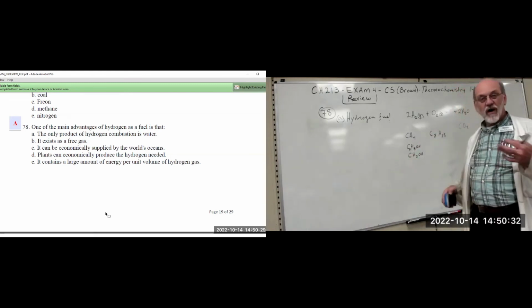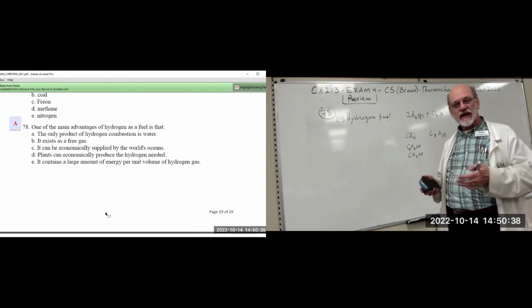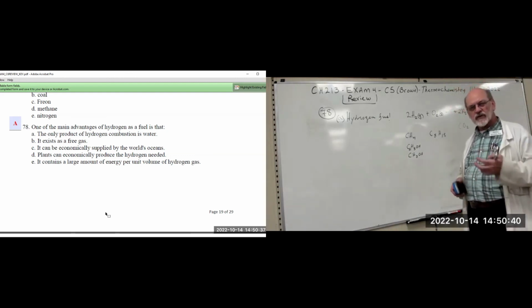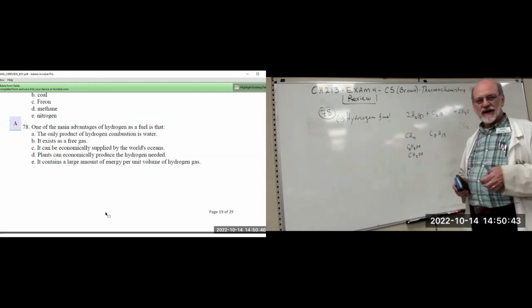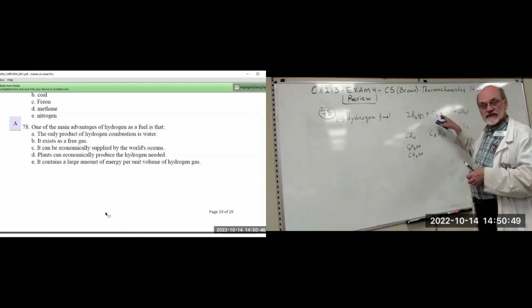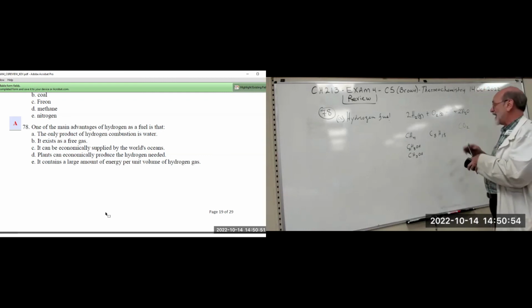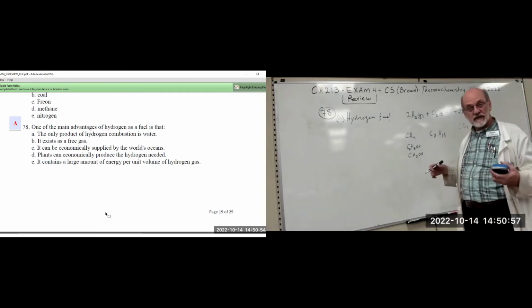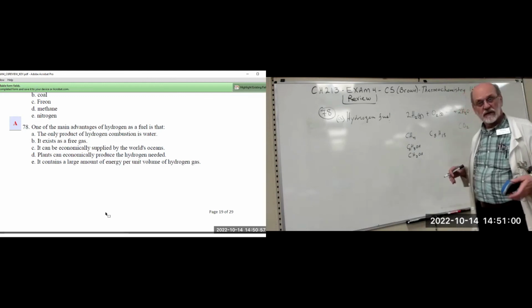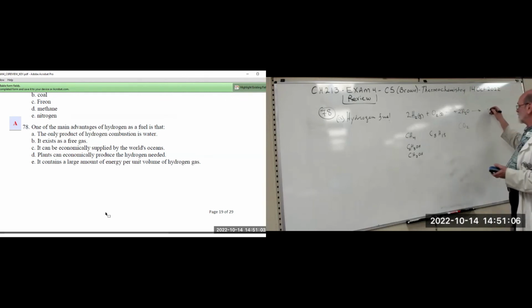Now, at this point, I'm not going to argue the counterpoints to carbon dioxide as a greenhouse gas. It does produce a greenhouse effect, but it's not the major component. But that has no bearing on the question. The question is: is this the main reason for hydrogen as a fuel? And yes, it is. In fact, if we had a really cheap source of electricity, like from nuclear fusion, then we could take this water and run it through electrolysis and produce hydrogen gas again.